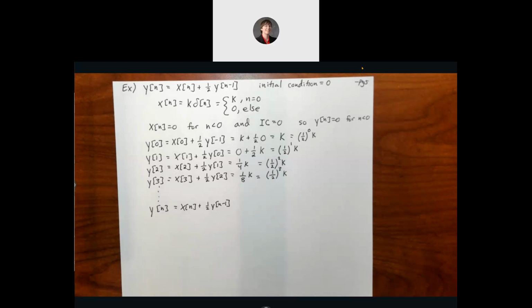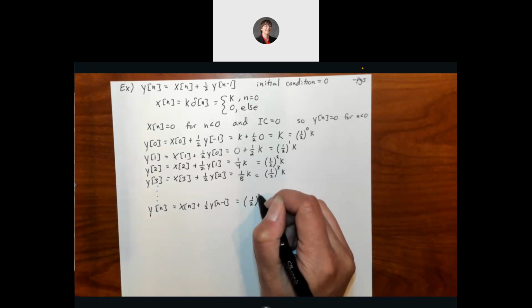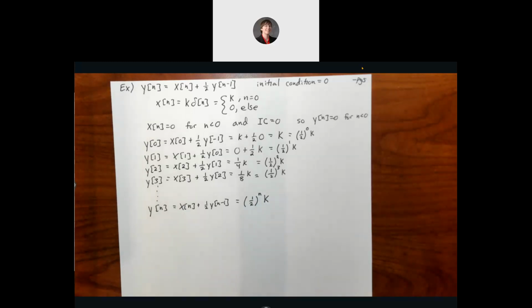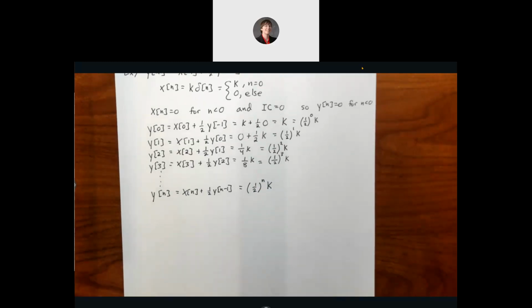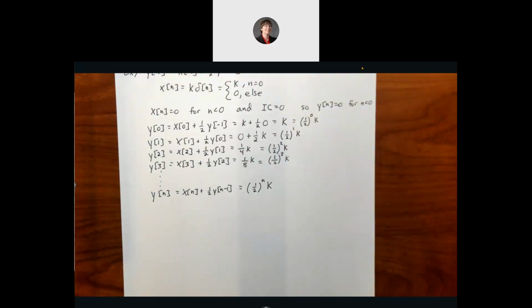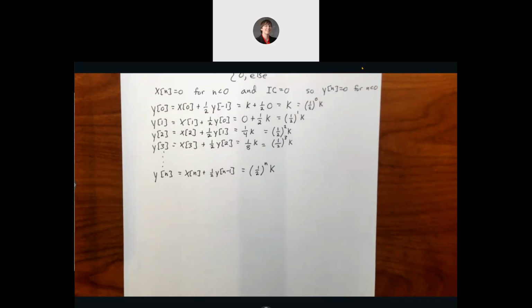If we continue that trend on, then what we can see is that this is the same as 1/2 to the n times k. So that's a way that we can solve these kind of problems. We can do this in a recursive way. If we want some specific n, then we can just start with y of 0 and propagate that forward.